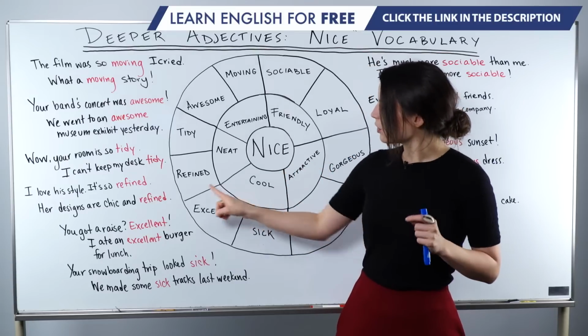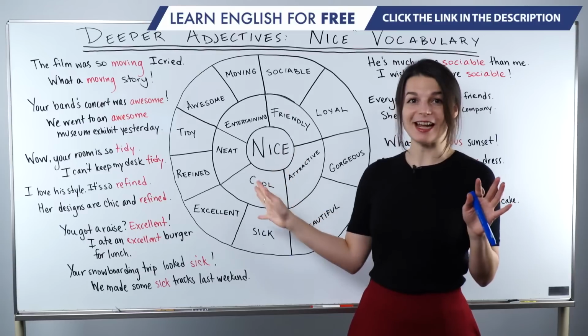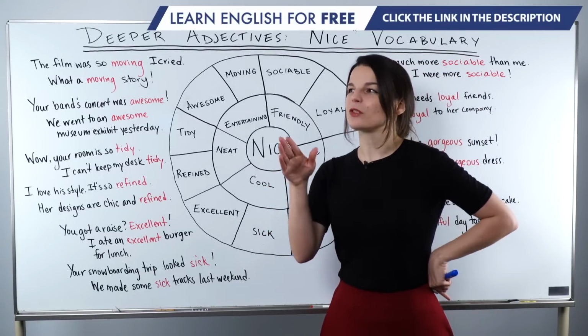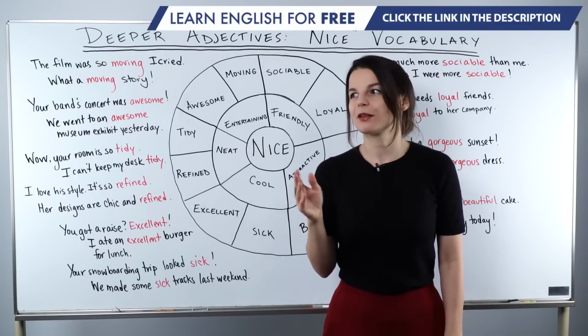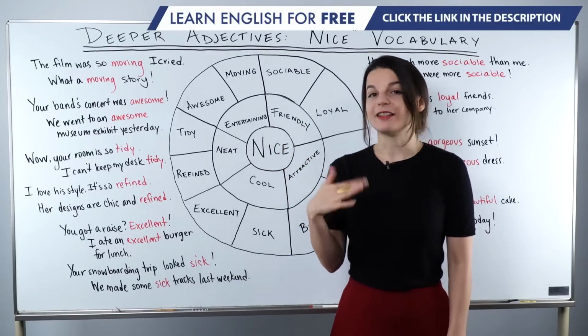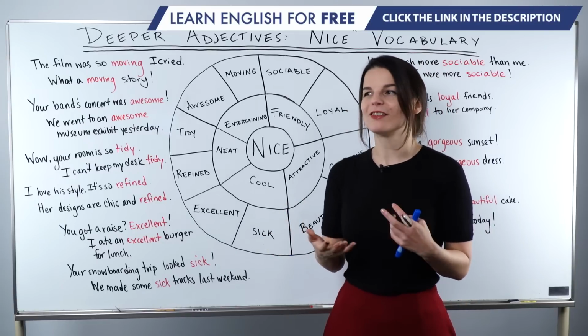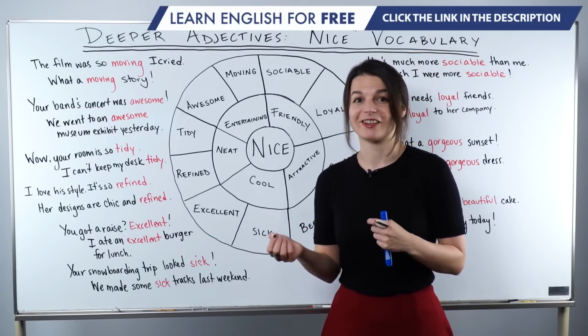But we can also use excellent to mean very good or great or cool or nice. Sick, on the other hand, tends to be used more by young people and more by younger men, so maybe men in their 20s, in their teenage years. Sick is a very rough and cool sounding word that means good or really interesting or great.